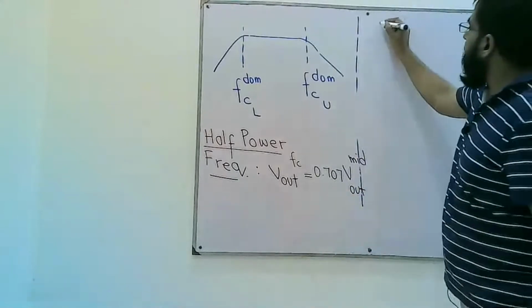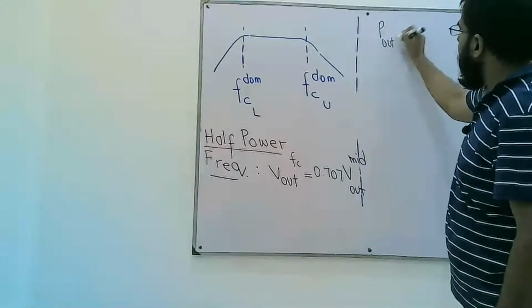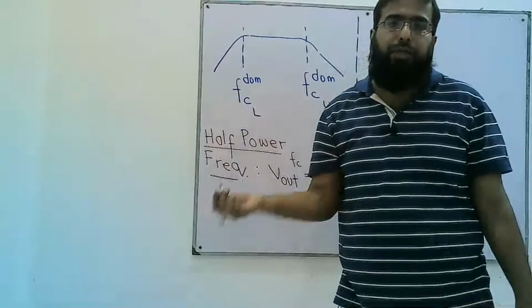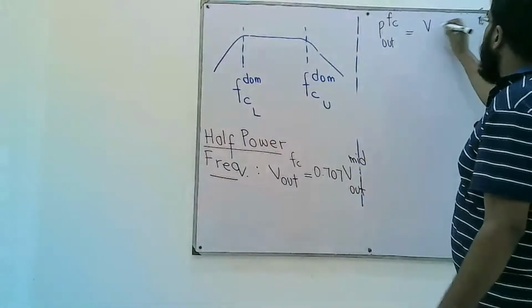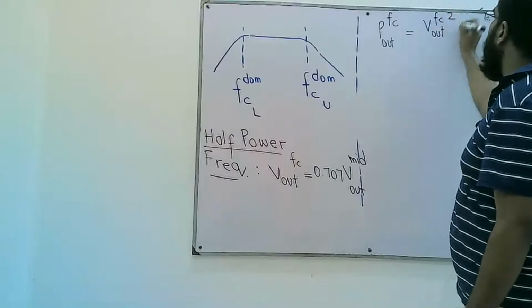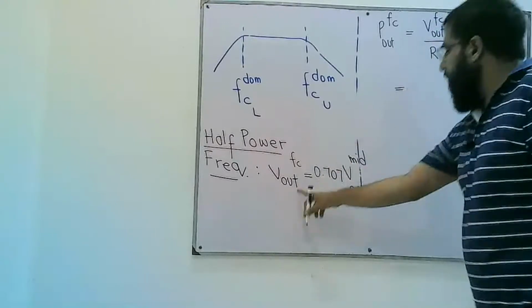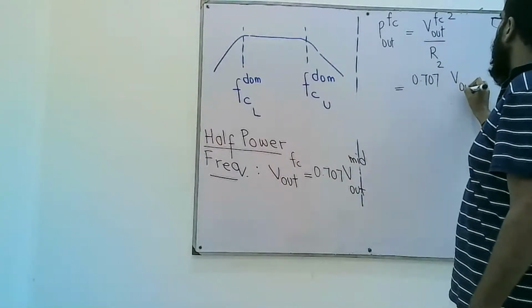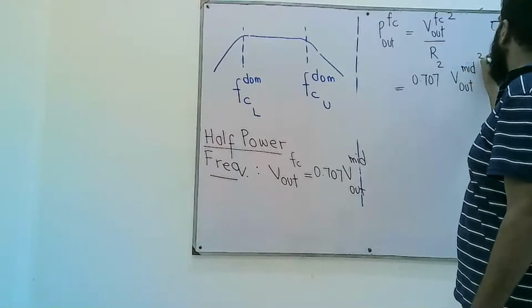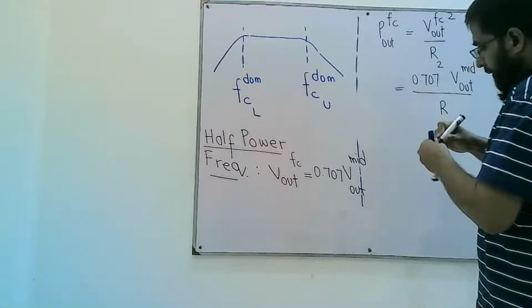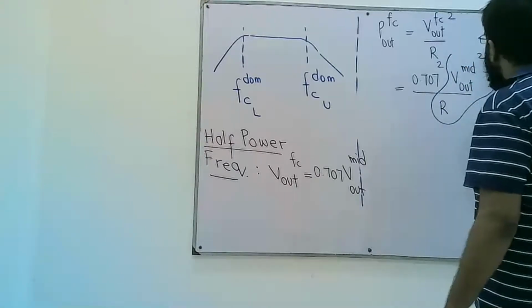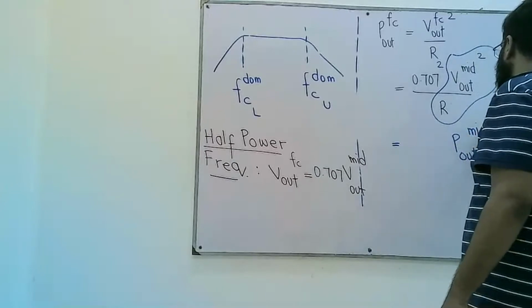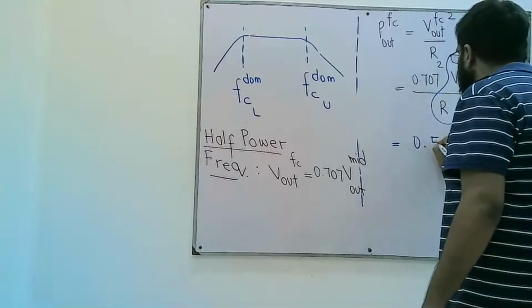We know that the power output at Fc can be written as V times I, or I squared times R, or V squared over R. So this can be written as V out at Fc squared over R. V out can be written as 0.707 squared V out mid squared, divided by R. So this term, V out mid squared divided by R, is power out during midband, and 0.707 squared is 0.5.